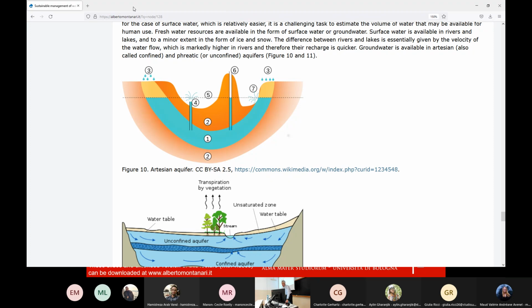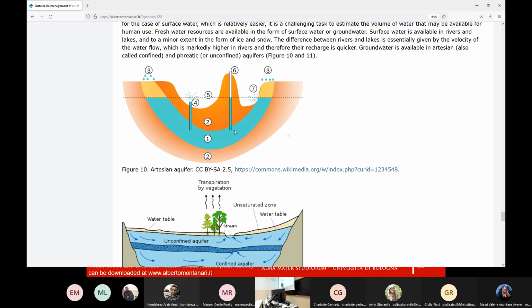Not always. In the case of this figure that you see on the screen now, you have two figures. The upper one, you don't have an unconfined layer above. You just have a confined layer if you refer to the valleys, okay? If you refer to the lower section, we may say that this layer is confined in the lower section, unconfined on the sides.